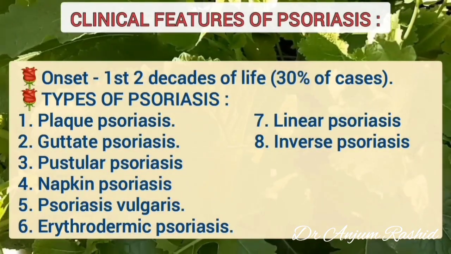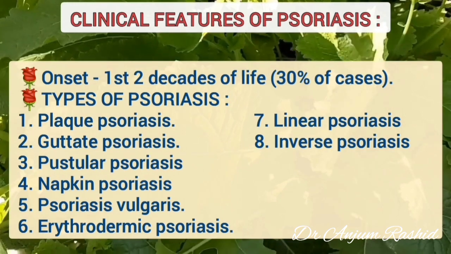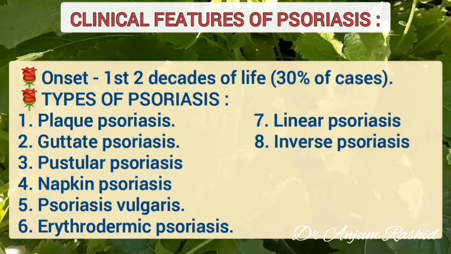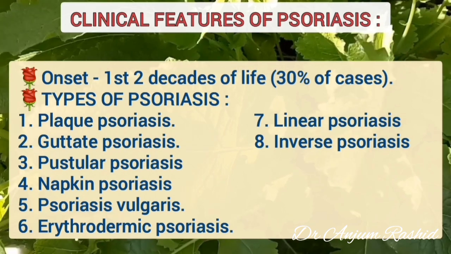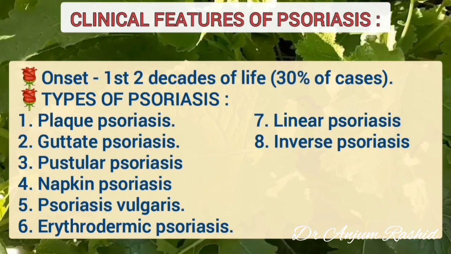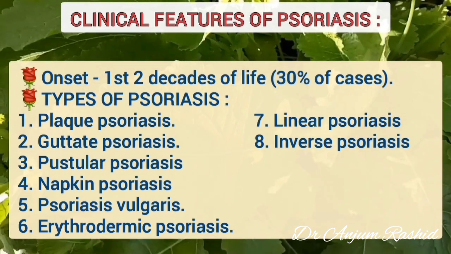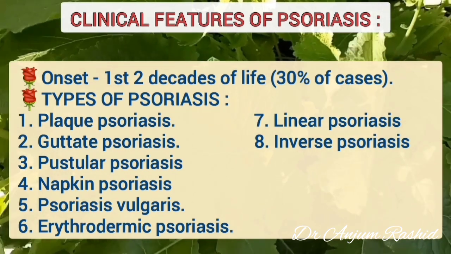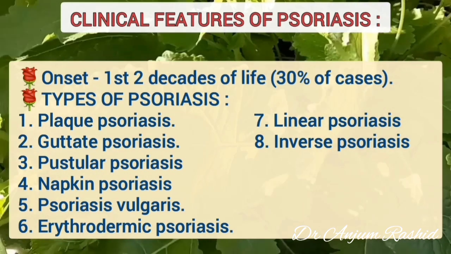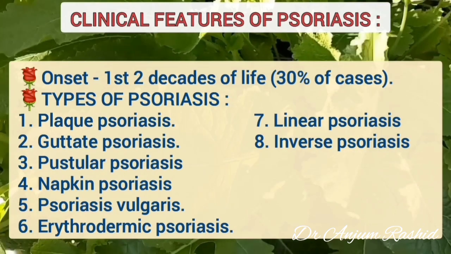The onset occurs in first 2 decades of life in only 30% of the cases. There are different types of psoriasis which include plaque psoriasis, guttate, pustular, napkin psoriasis or psoriasis vulgaris, erythrodermic psoriasis, linear psoriasis, and inverse psoriasis.